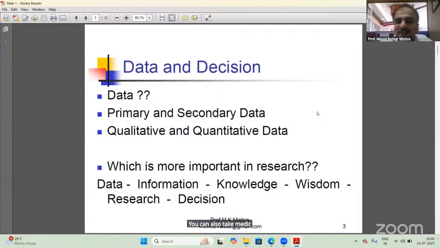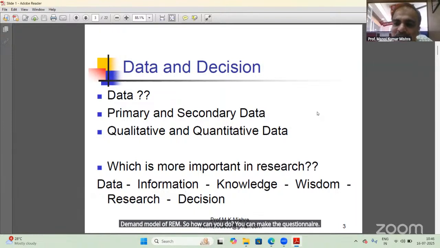So you can collect. How can you make the demand model? How can you make the demand model in Bangalore? Suppose you are going to study the demand model of car in Bangalore. So how can you do it?